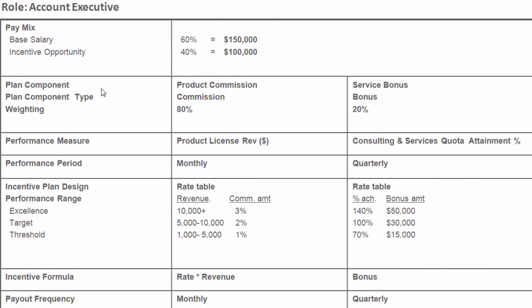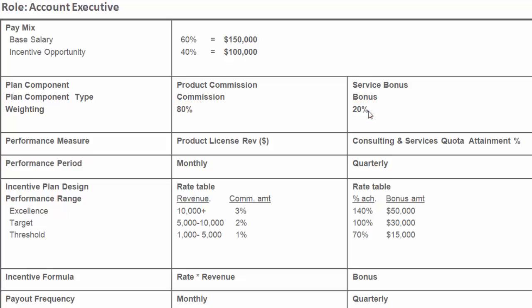When we drill into the variable component, which is the section down here, we can see a number of aspects that come into this. For this account executive, we can see a product commission component and a service bonus component. Of that 40% of the $100,000 listed above, there's an 80-20 split, so 80% of the at-target should be made on commissions and 20% on bonus.